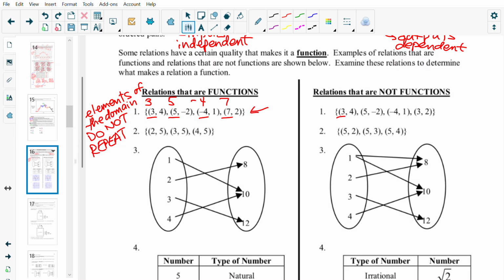I have 3, 5, -4, and 3. The 3 and the 3 repeat. 3 repeats, and 3 is an element of the domain. These are the first numbers. Therefore, not a function.